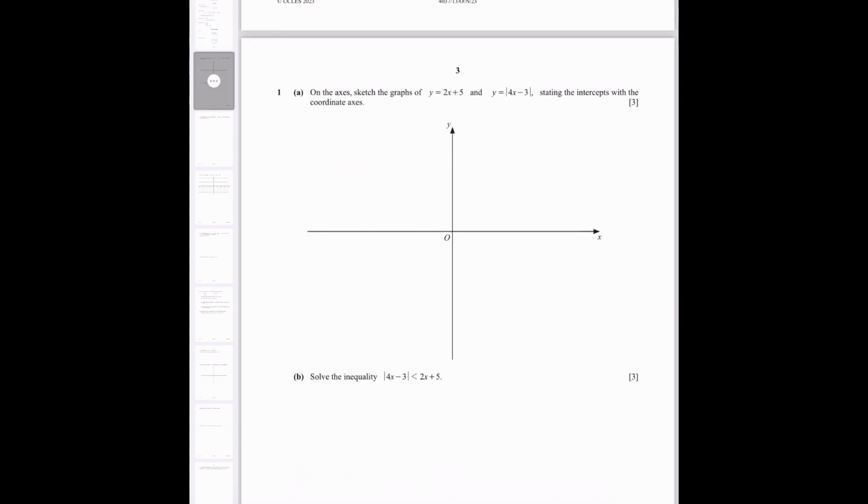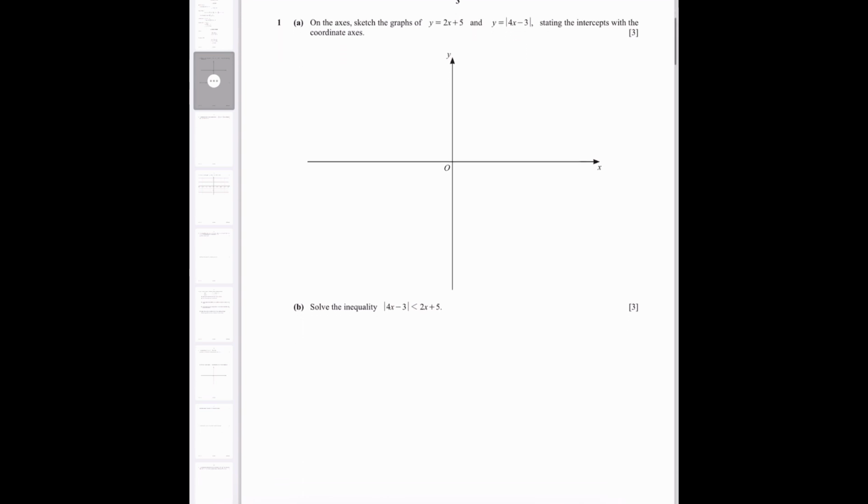Y equals 2x plus 5, and y equals modulus of 4x minus 3. We need to sketch the graph. In this graph, the x-axis and y-axis are given. So let me try.